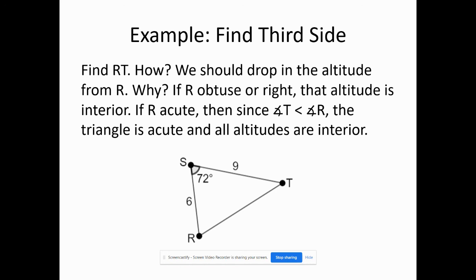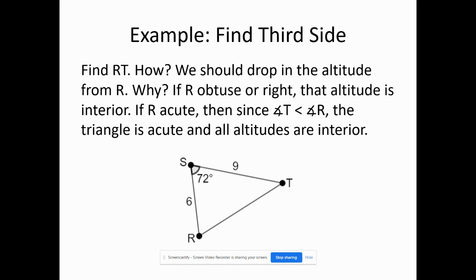And it works very much in the same way for obtuse. So let's say that this turned out to be an obtuse triangle. I don't think it is, but it might have been. Angle R would have to be the obtuse angle. How do I know? Well, S ain't it. That means that either angle R or angle T is the obtuse angle, but it will have to be the larger of the two angles, which means it will have to be opposite the larger of the two sides, which means it would have to be opposite the 9.